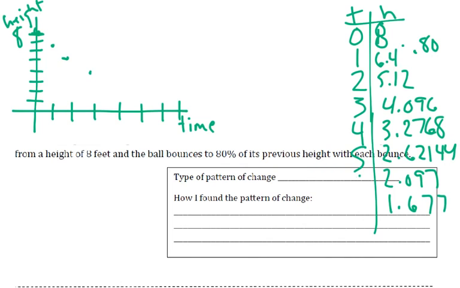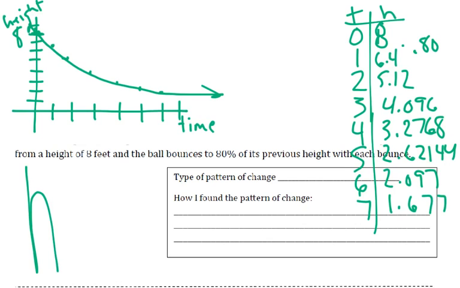So 4 would be a little above 3, then about 2.5, then about 2, then about 1.6. So you see it's got that curve going down. So there's our graph. There's a table. We drew a picture of it to begin with, something bouncing like this.